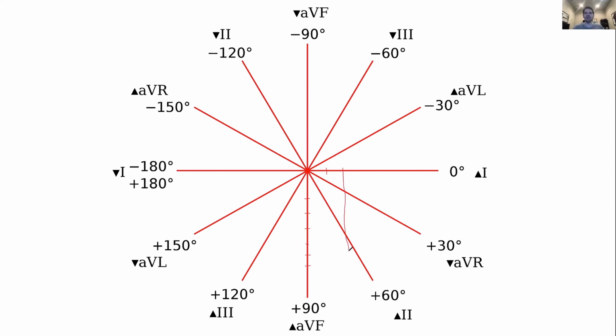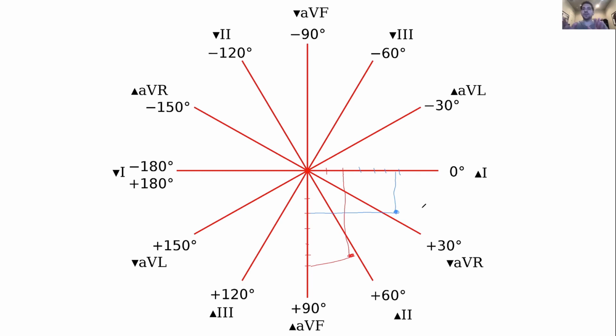If we draw the line down around 60, that would be 60. If you can picture the graph in your head, if you have less of lead 1 and more of AVF, then you'll be around +60. Whereas if you have more of lead 1 and less of AVF, you'll be closer to +30.